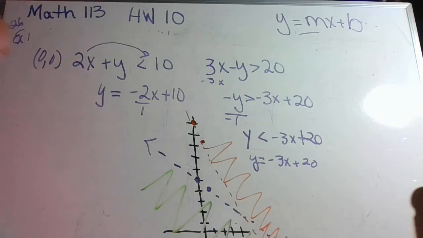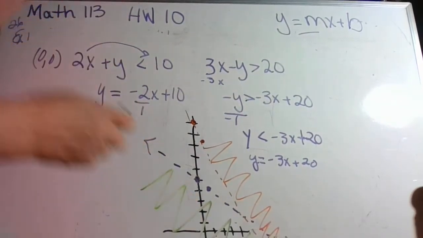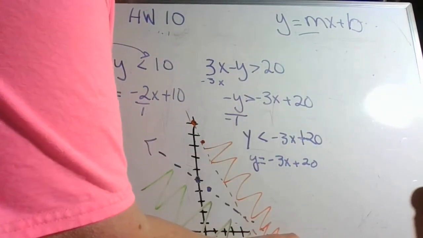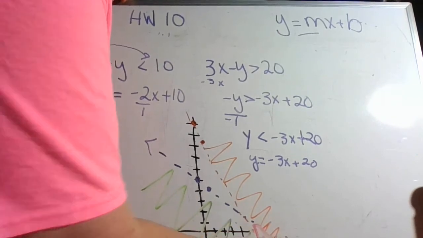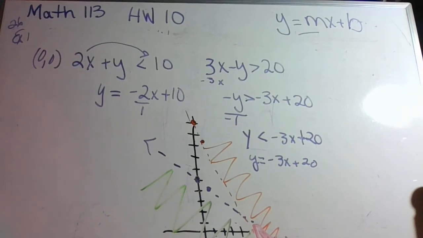I didn't quite color this down here far enough. Okay, see where those intersect there, where the orange and the green are together? That will be your solution. So what I'd like for you to do, if you have a highlighter, is highlight that for your solution. It's where they cross.